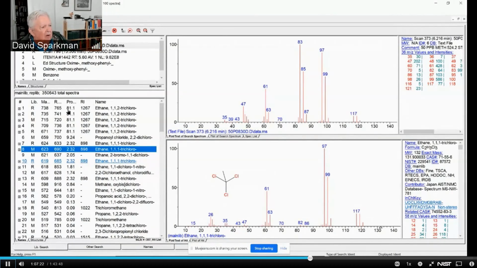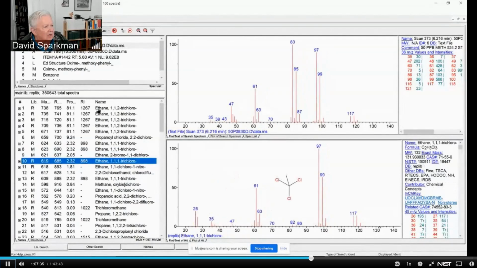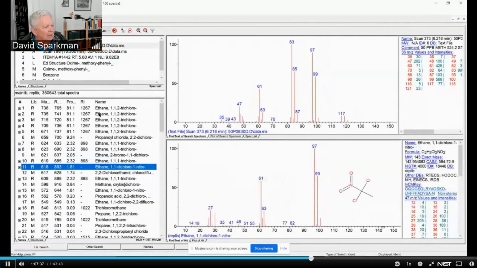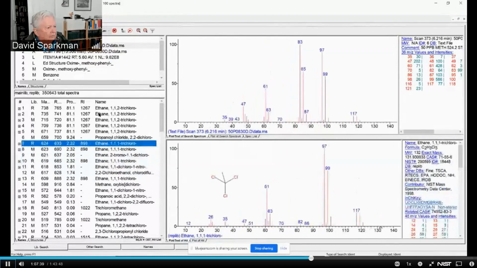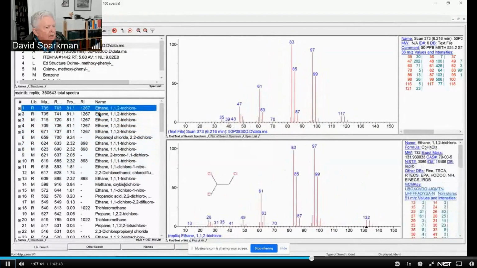Well, Billy Bob only looked at the hit list. He didn't look at the spectrum. Okay? And what happens is if I take this first hit here and compare these spectra, I see that there are quite a few differences.